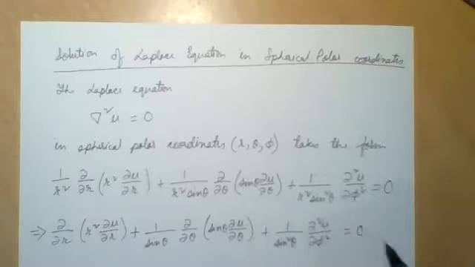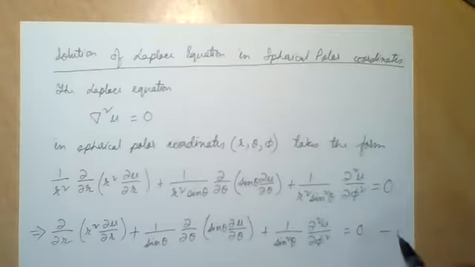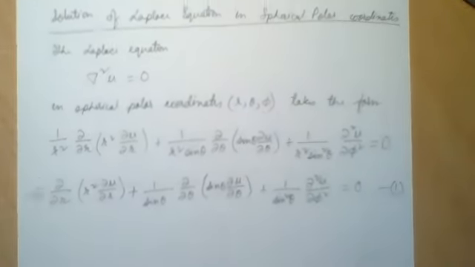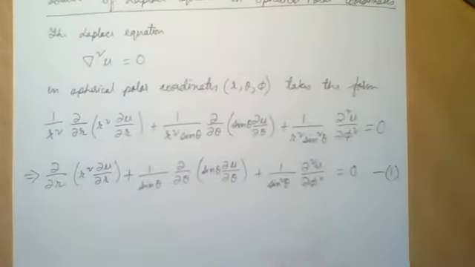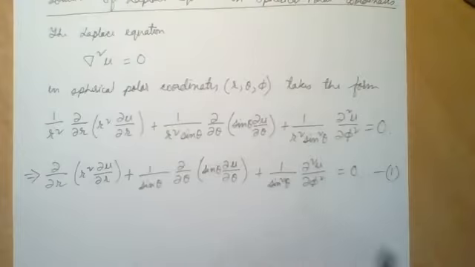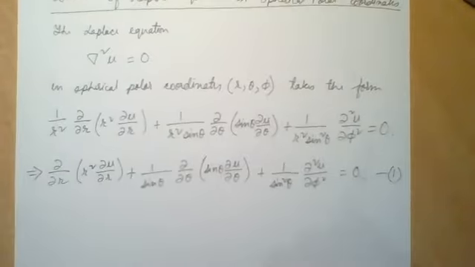This is equal to 0. Let us call this equation number 1. So this is Laplace equation in spherical polar coordinates.